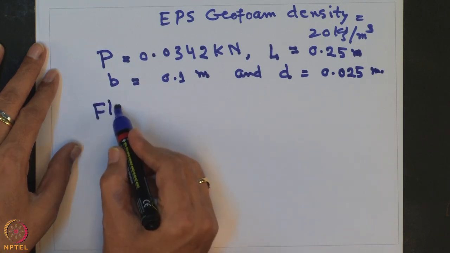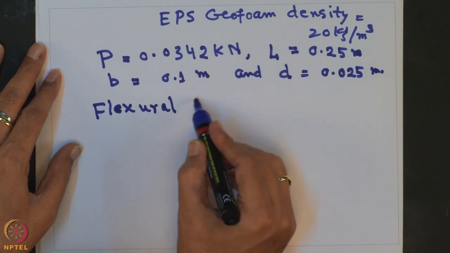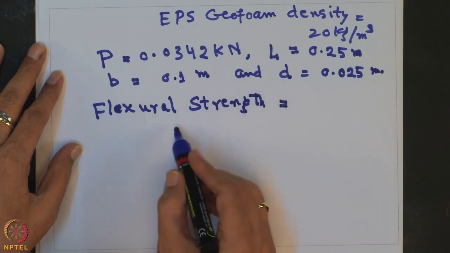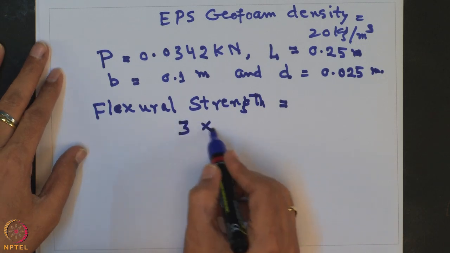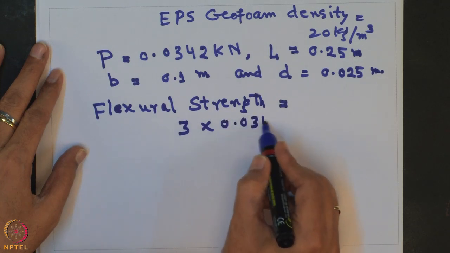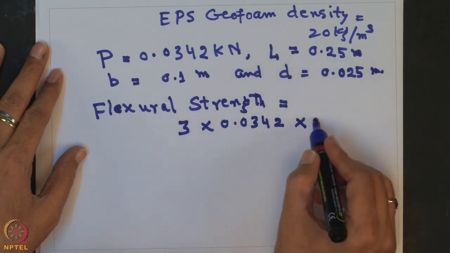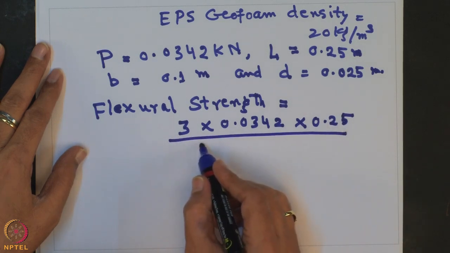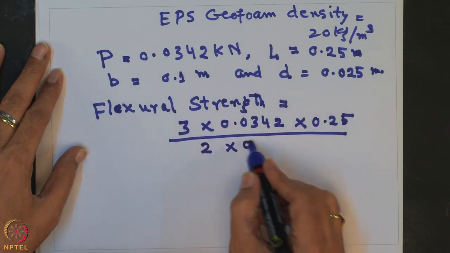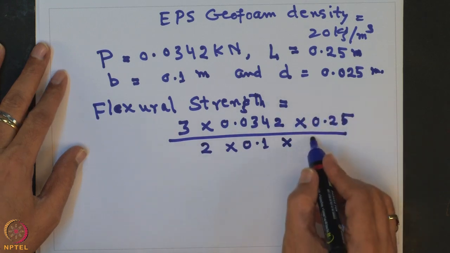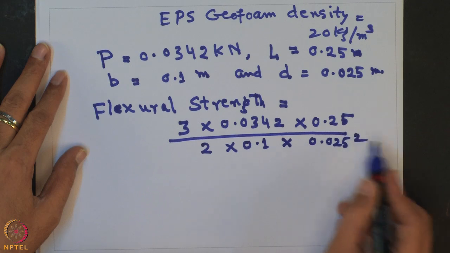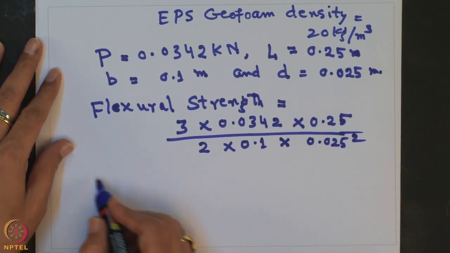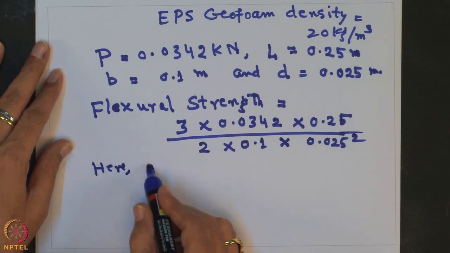So, flexural strength will be equal to 3 into P, 0.0342, into length 0.25, divided by 2 into B, 0.1, into D square, that means 0.025 squared.